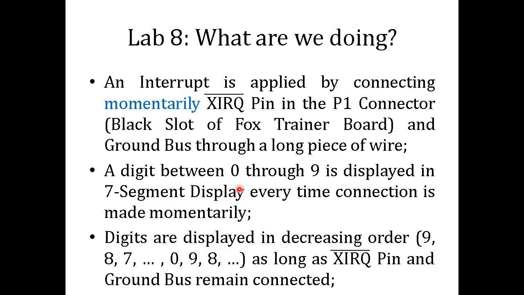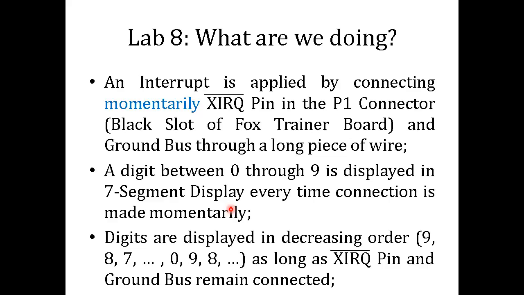So what happens is your board is already connected to a 7-segment display, and the 7-segment display will actually display a digit between 0 to 9. It will actually start from 9, okay?